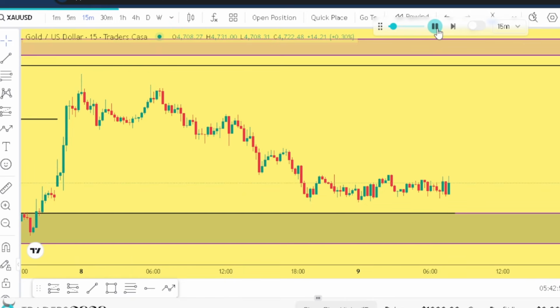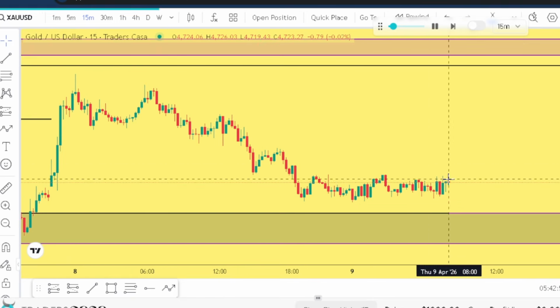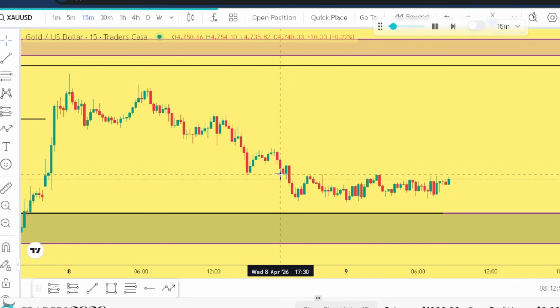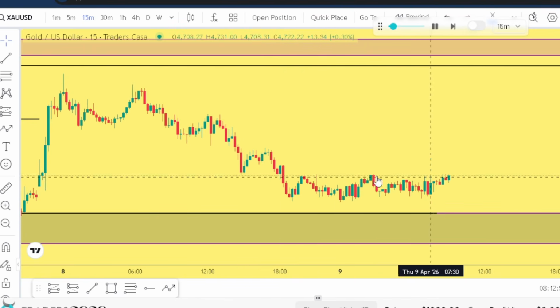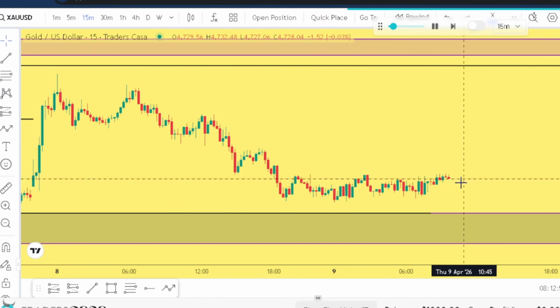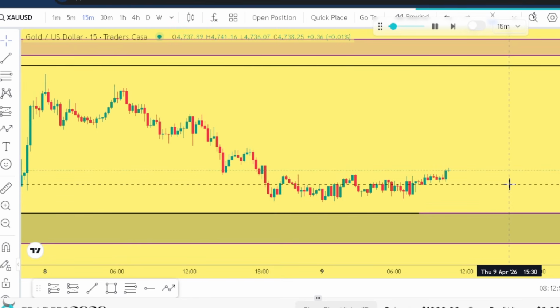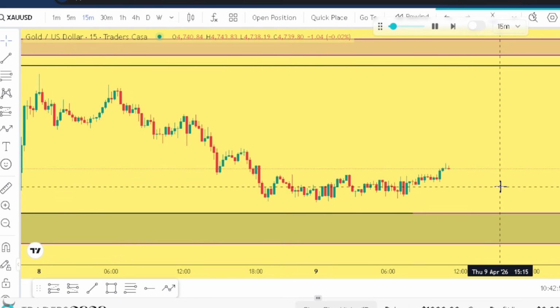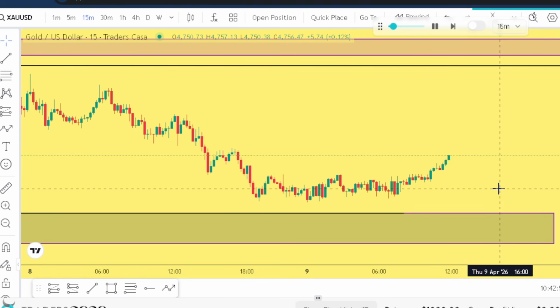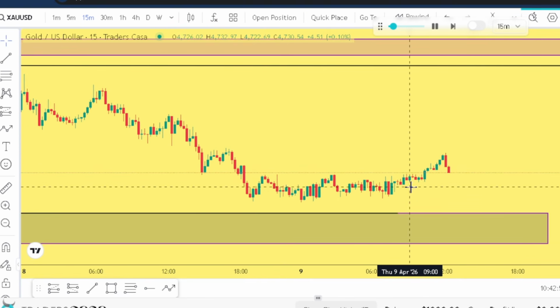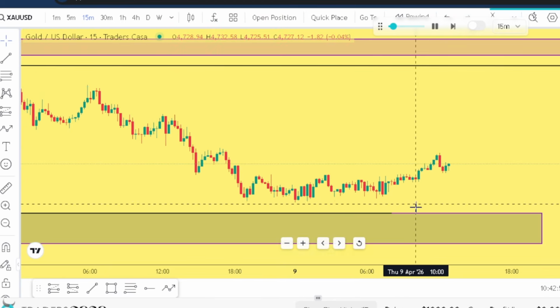Price hasn't touched our zone. You can now notice that it is in a range. Price is just moving sideways. Still, it hasn't mitigated our zone. It hasn't come down into this level yet.